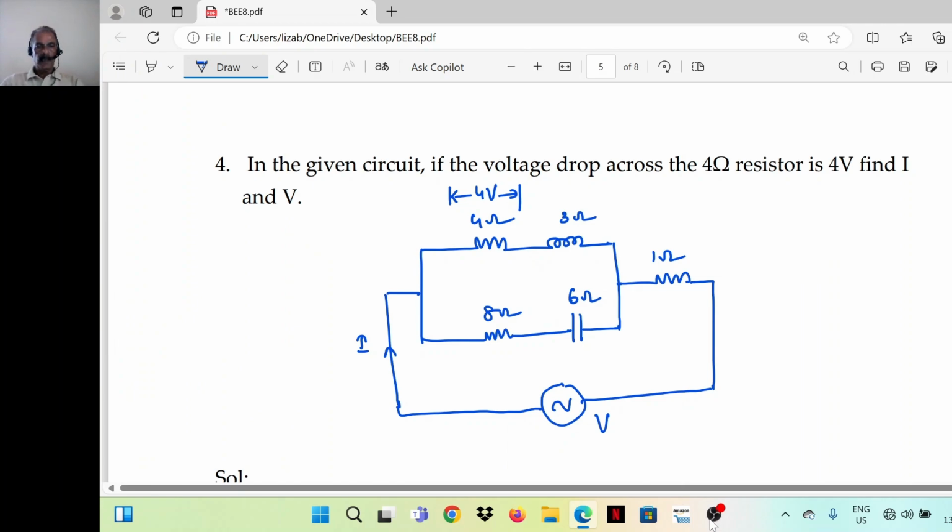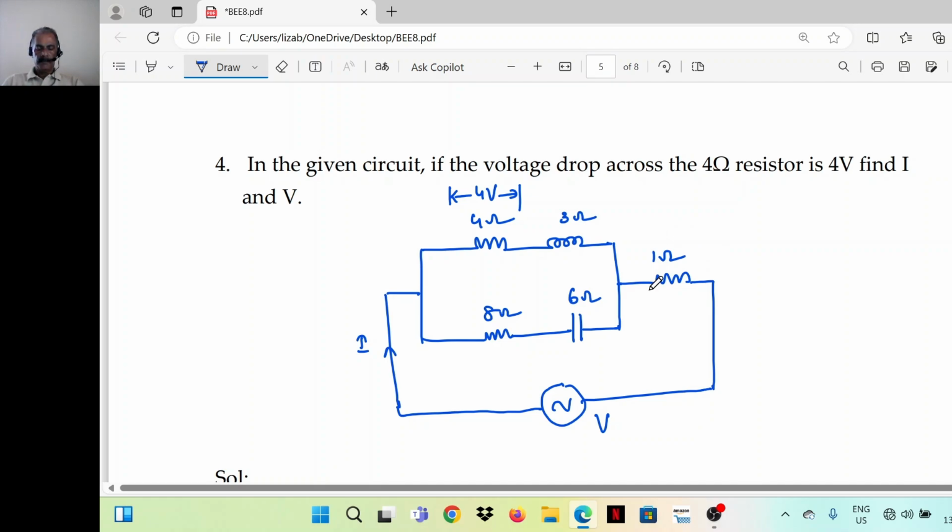So the next question is, in the given circuit, if the voltage drop across the 4 ohm resistor is 4 volt, find I and V. I is the total current taken by the circuit. V is the voltage across the entire circuit. So there is a parallel circuit and a series circuit.